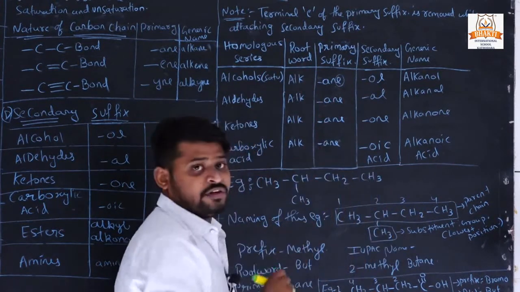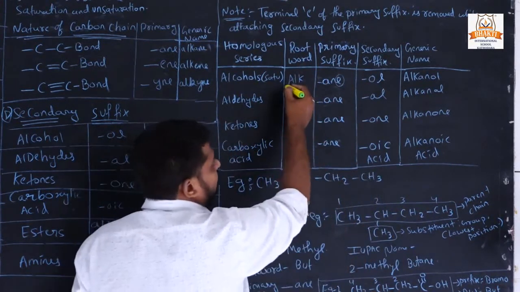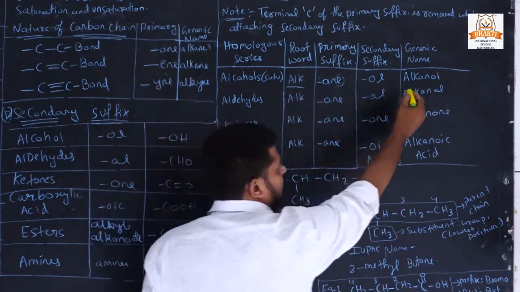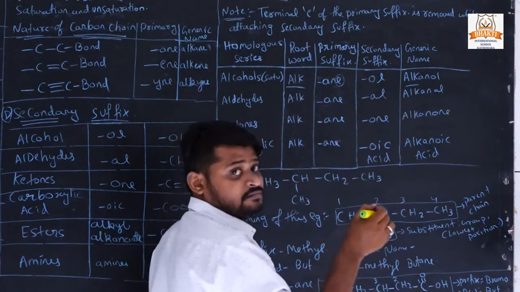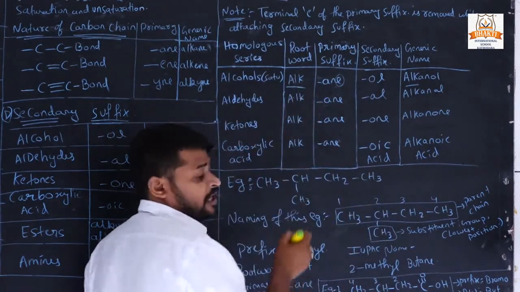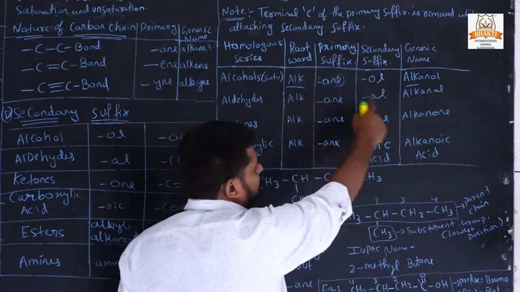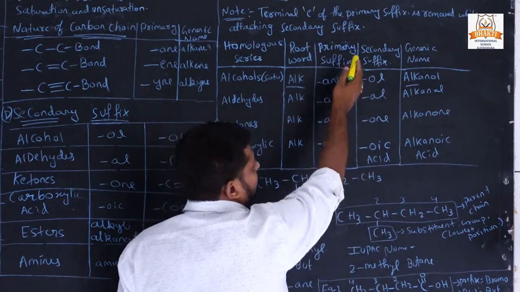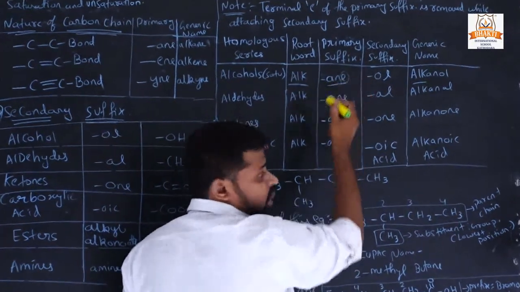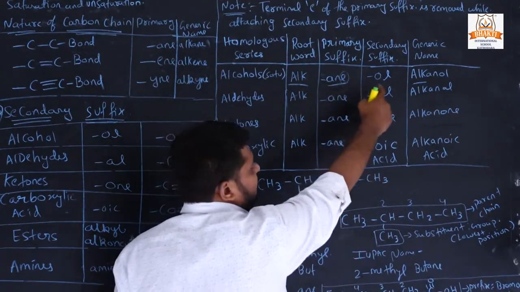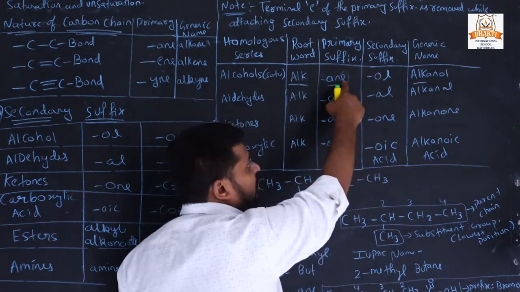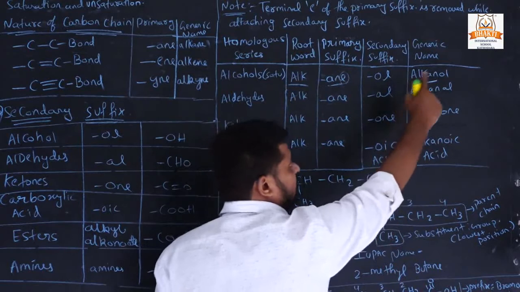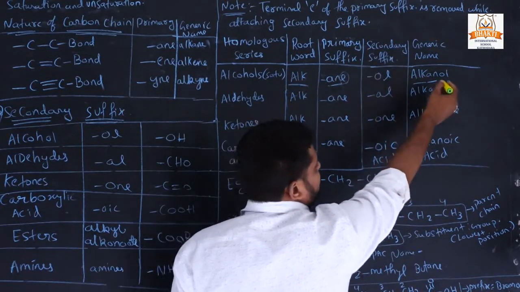So how do we give the name? First we write the root word. What was the root word? Alkyl, so we use alk. The primary suffix is ane, and when primary and secondary are attached, we remove E, so we get alkan, and the secondary suffix is ol.